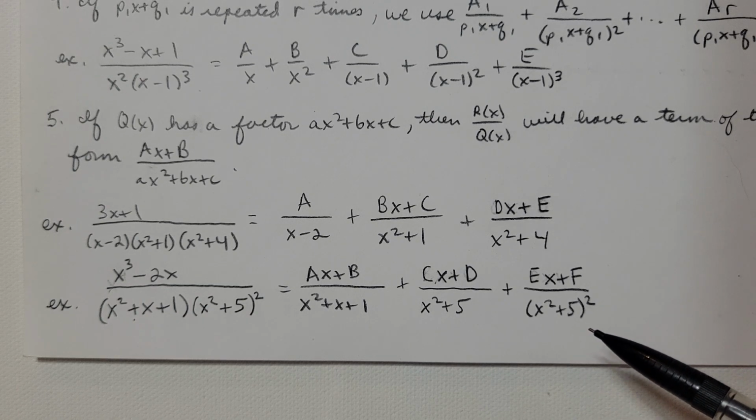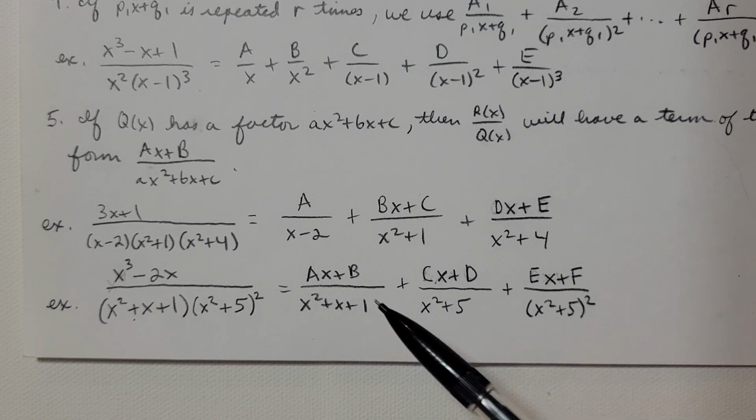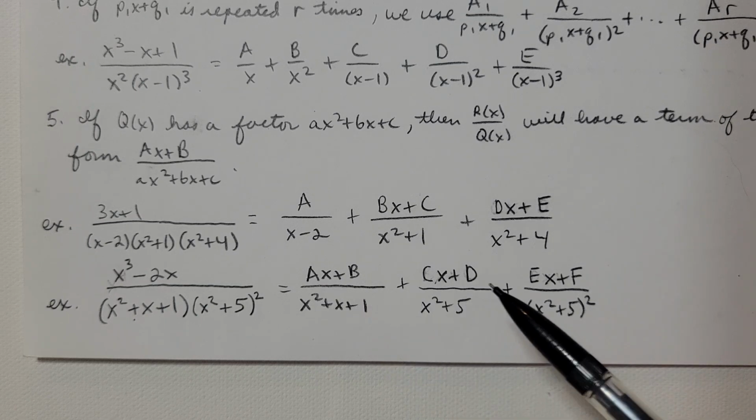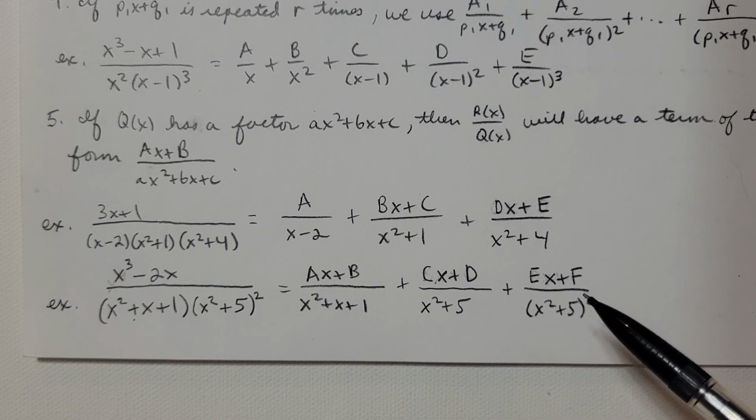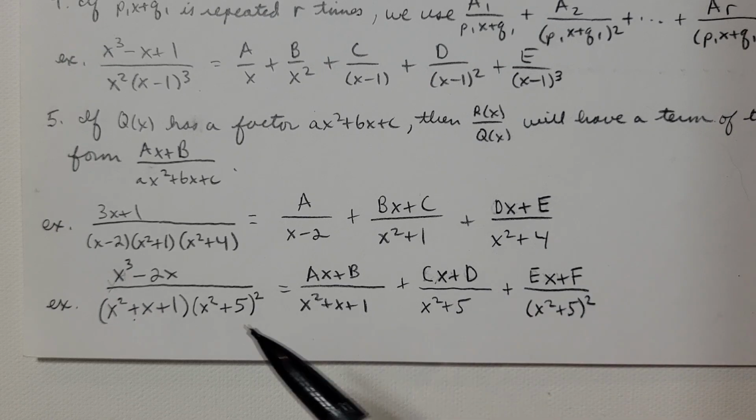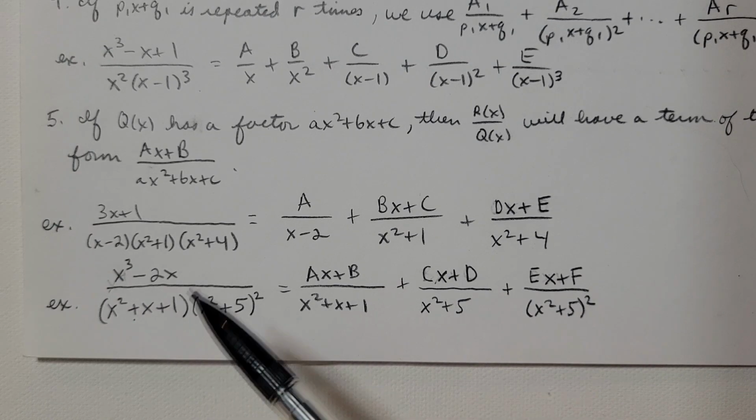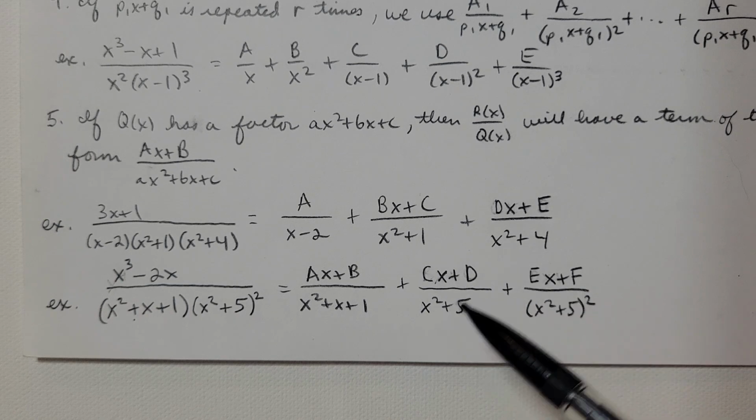Now the next thing I would have to do is find A, B, C, D, E, and F. But this is the beginning of the problem. If I were going to integrate this guy here, this would be the way to start. Okay, let's stop right there.